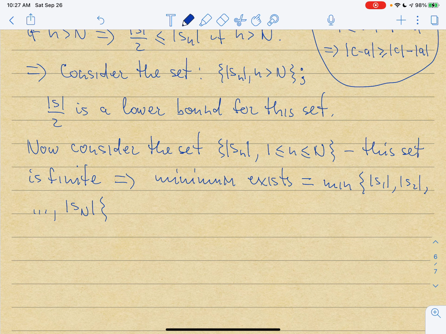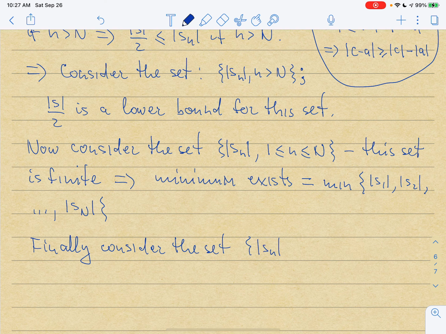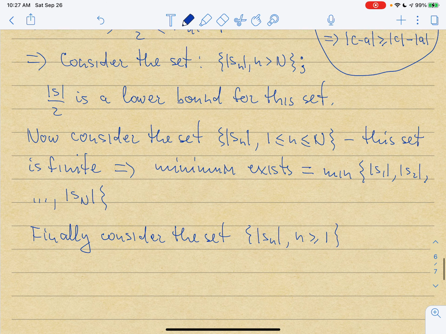Okay, so now, finally, I'm going to consider the full set, absolute value of Sn, where n is greater or equal than 1. All right, so what do I know? I know that starting from capital N, the elements of this set are bounded from below by absolute value of S over 2.